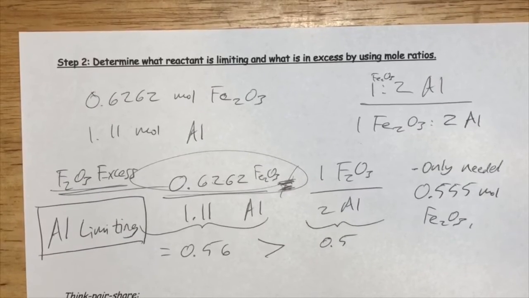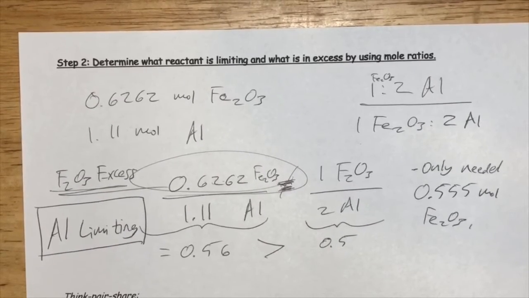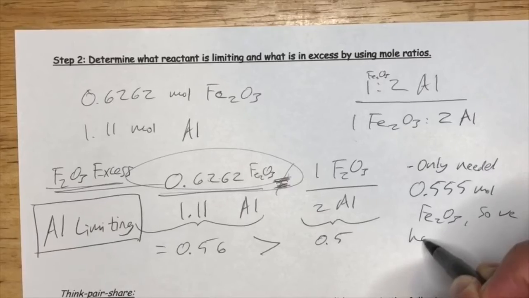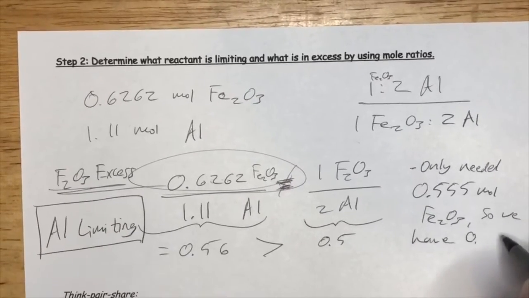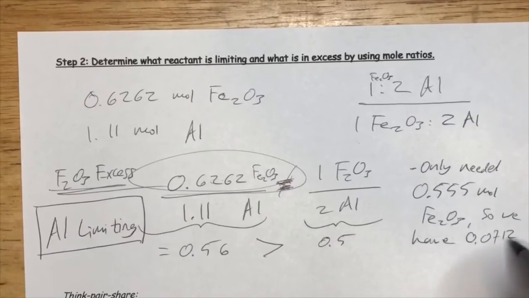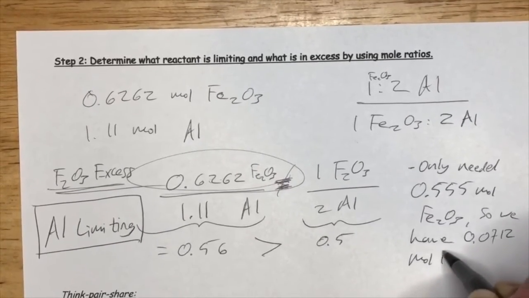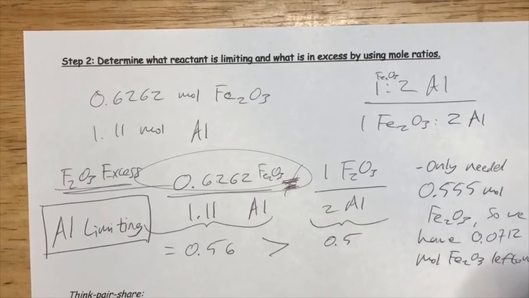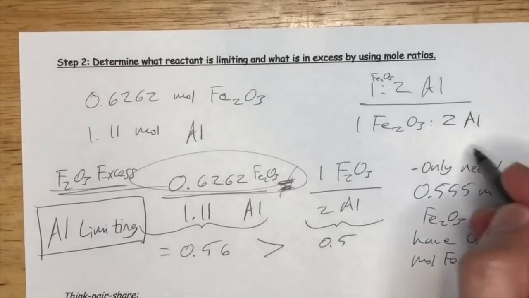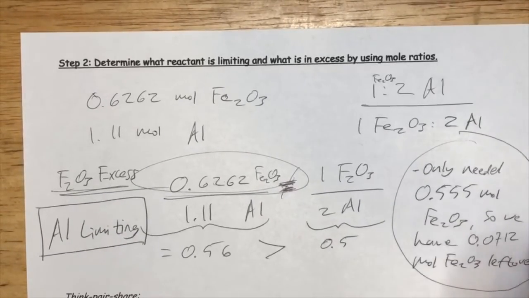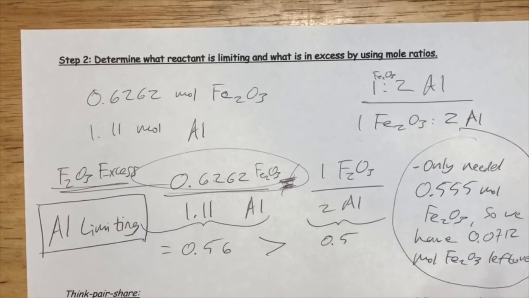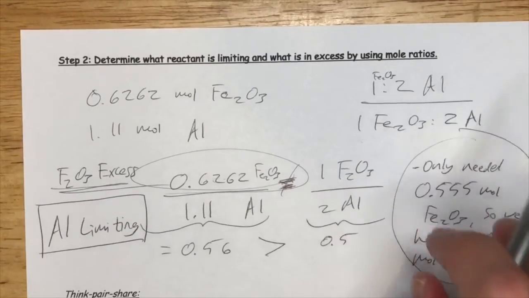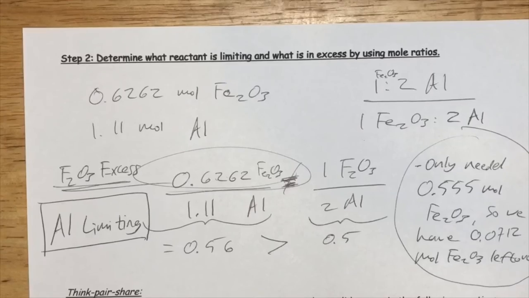We have exactly 0.0712 moles of Fe2O3 left over. Okay? So this breaks down kind of why this Fe2O3 is in excess.